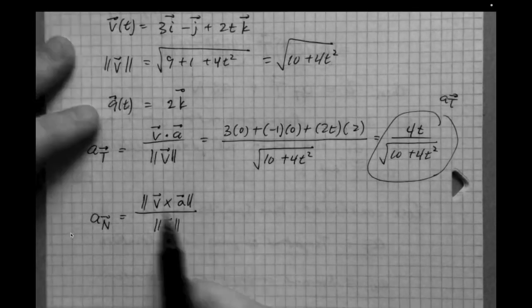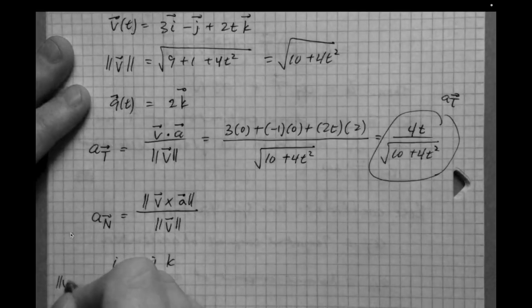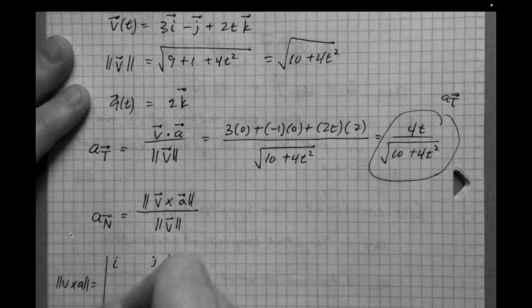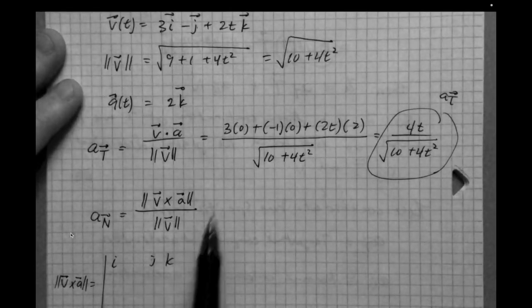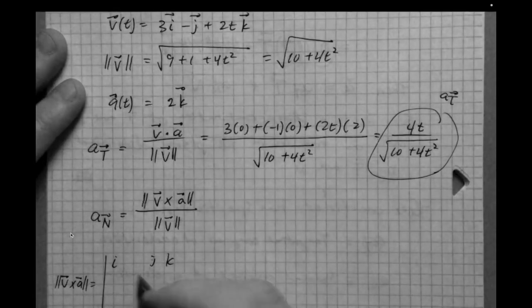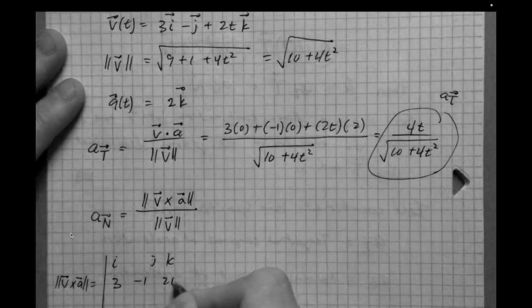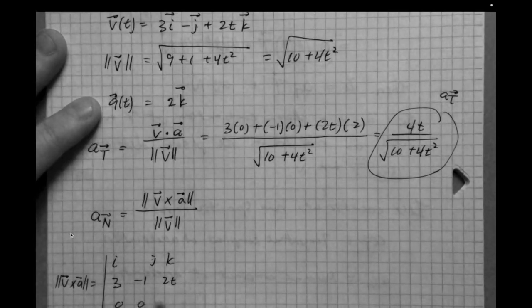We can do this cross product really quickly. With i, j, k, the velocity vector goes in first: velocity is 3, negative 1, and 2t, and acceleration is 0, 0, 2.